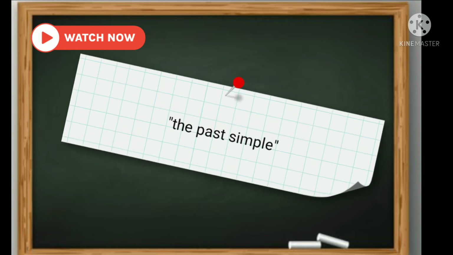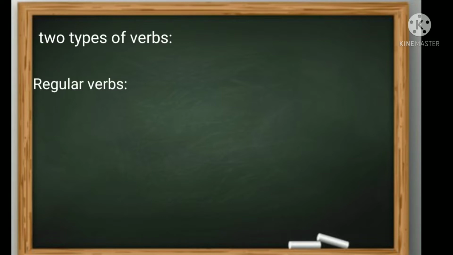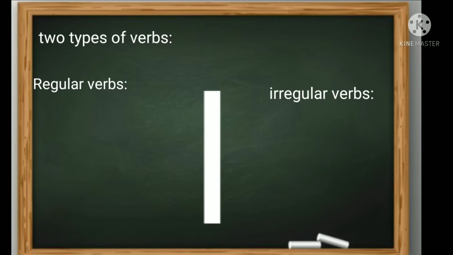Great. So first of all, you should know that we have two types of verbs. We have regular verbs and we have irregular verbs. Let me describe what the regular verbs are. The regular verbs have their own rules and don't change. Let me give you some examples.